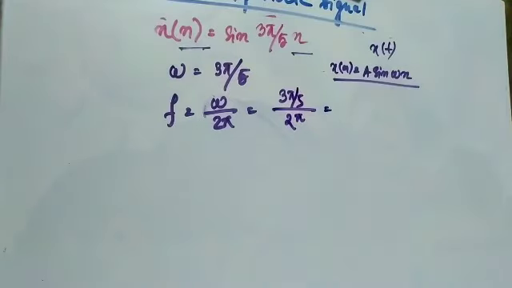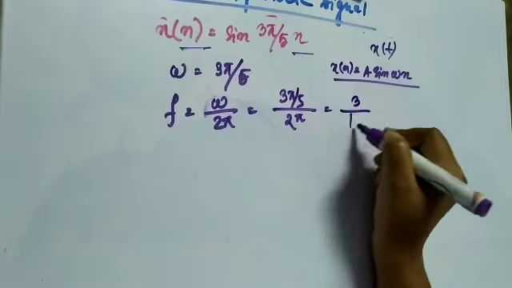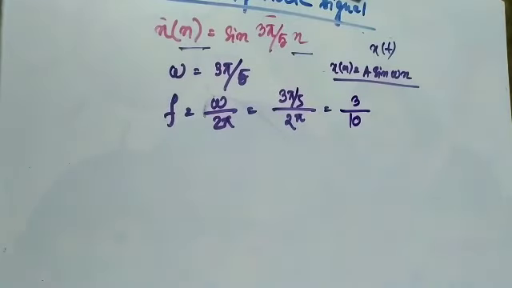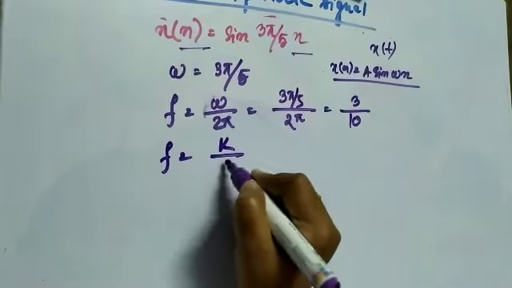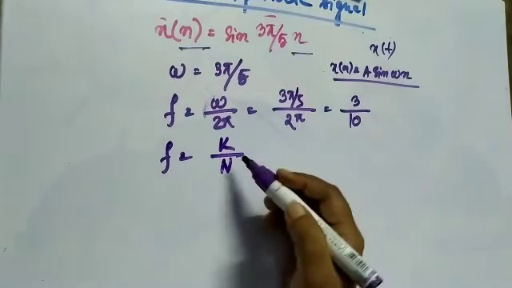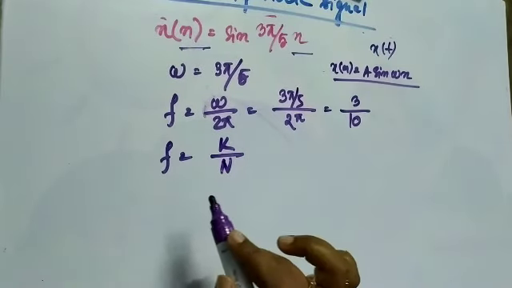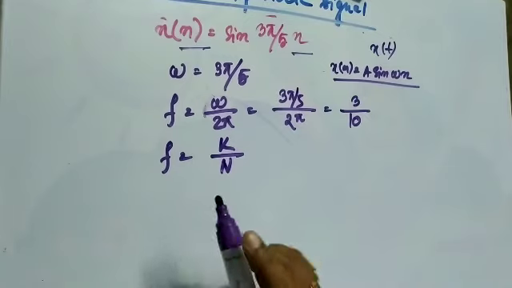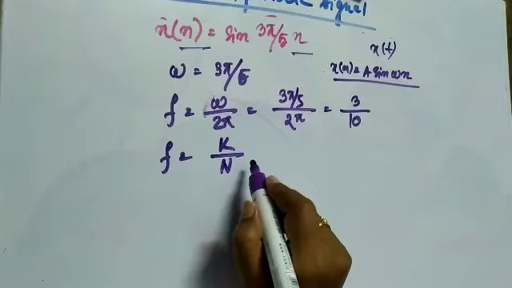If you calculate, it becomes 3 by 10. Now for a discrete time signal, we know that f is equal to k by N. This f is represented with the period of the signal in this way. And we know that if k by N is a rational number, then the signal is periodic.